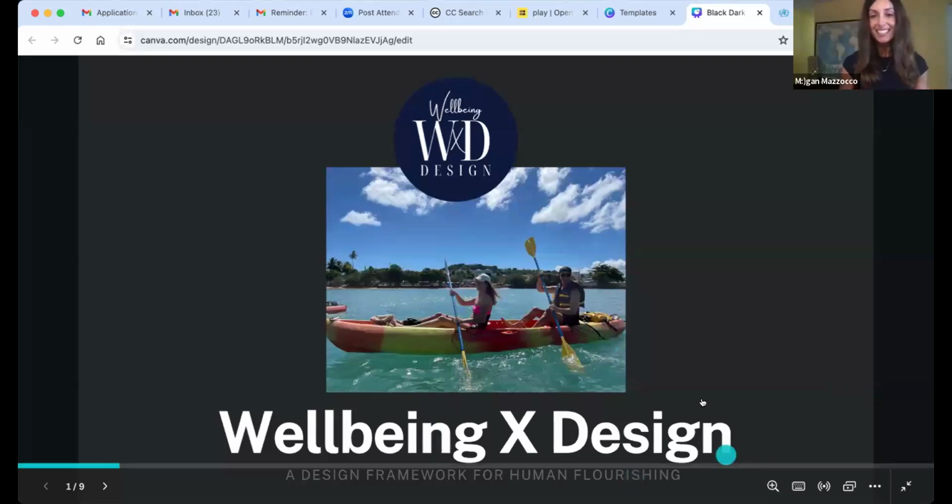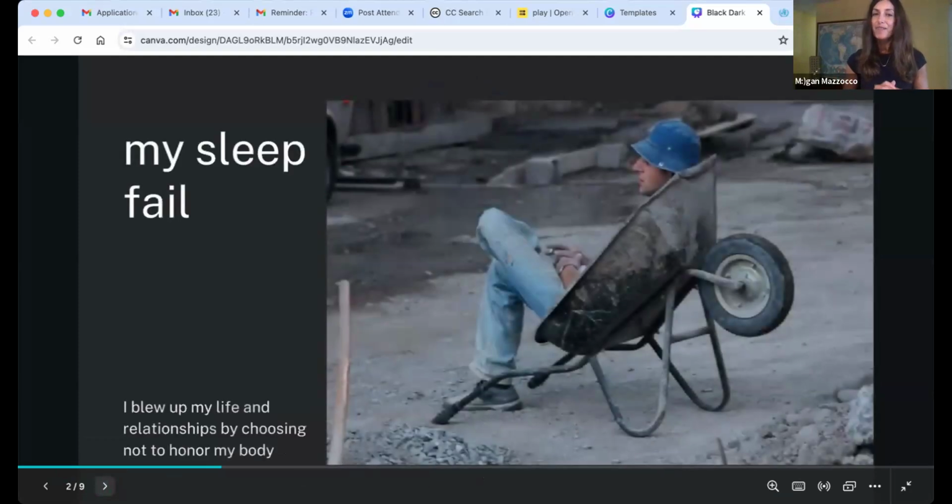Let me tell you about how the origin of all of this, about sleep and burnout, kind of flowed to me. This is all about me and my sleep fail.